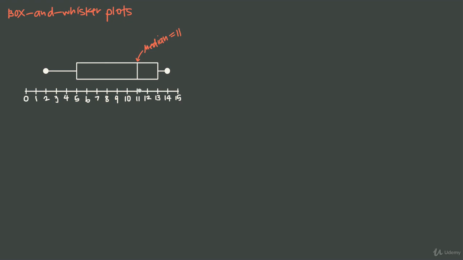The range of the data set is always going to be given by the rightmost point of this right whisker minus the leftmost point of the left whisker, because this rightmost point here represents the largest value in the data set. So this here is the largest value. And this point is the smallest value.